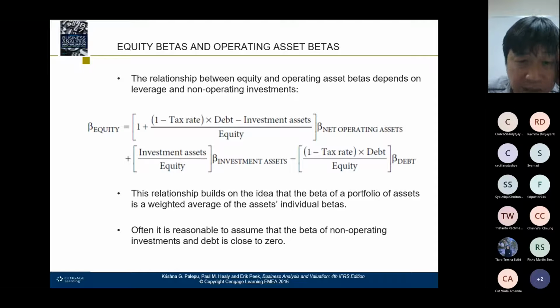This relationship builds on the idea that the beta of a portfolio of assets is the weighted average of the assets' individual betas. Often it is reasonable to assume that the beta of non-operating investments and debt is close to zero.